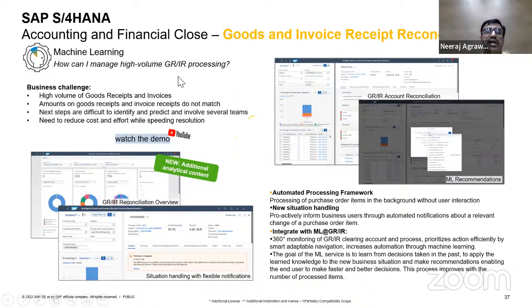So when you have a lot of GRIR processing, you can use the machine learning capabilities, where you can do a reconciliation of goods receipts and invoices automatically, and it will make your month-end closing processes much simpler and on a timely basis.